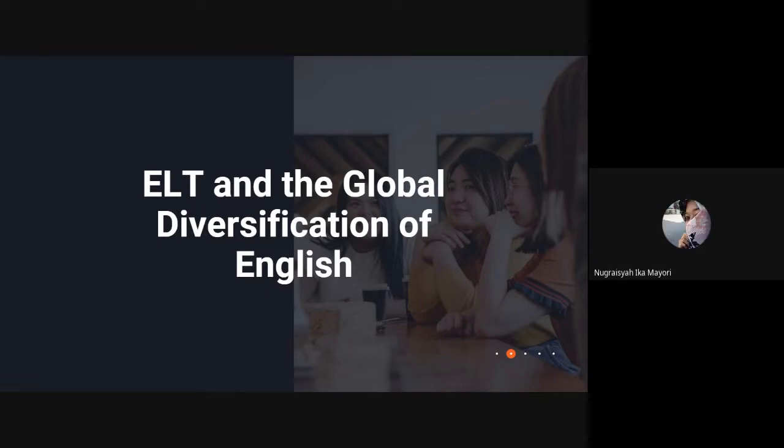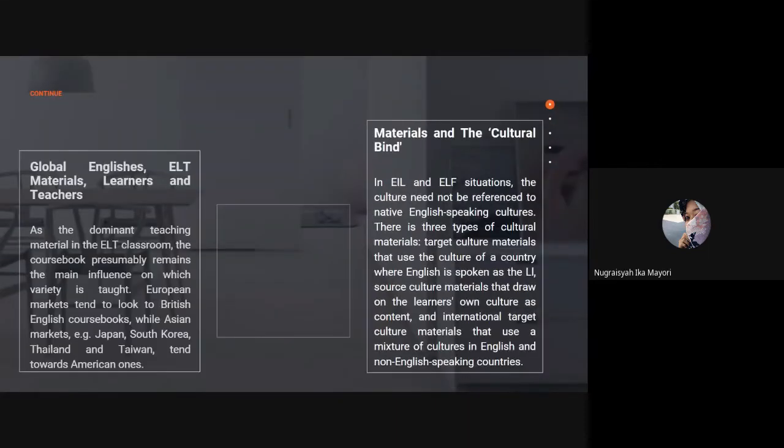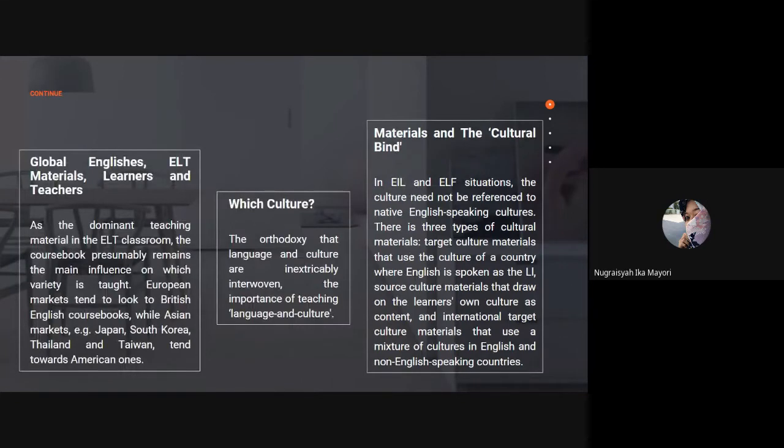ELT and the global diversification of English. As the dominant teaching material in the ELT classroom, the course book presumably remains the main influence on which variety is taught.